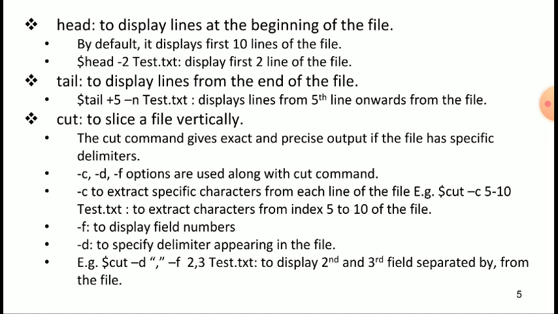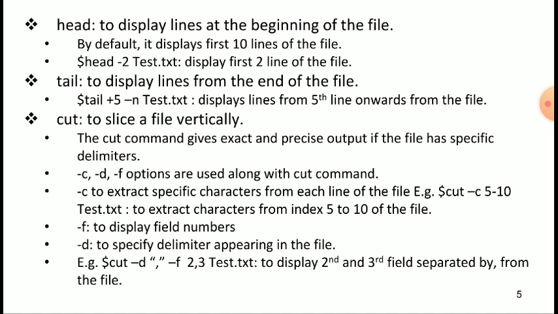Head means to display lines at the beginning of the file. By default, it displays the first 10 lines of the file. The command is head -2 test.txt, which displays the first 2 lines of the file. So that is the head command.